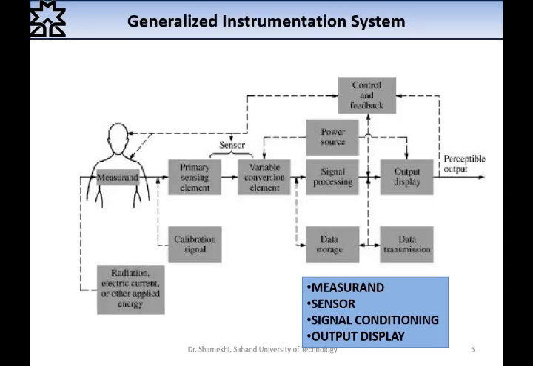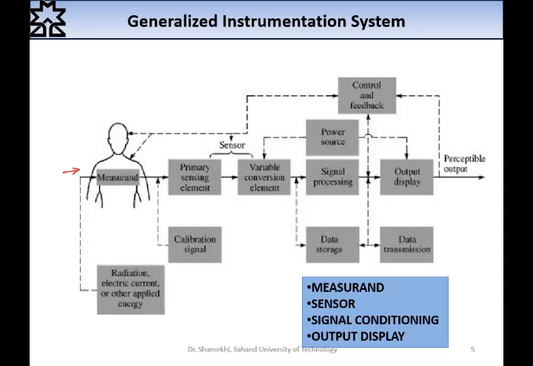The first one is the measurand. The measurand is a parameter we measure. The second one is the primary sensing element and variable conversion element.